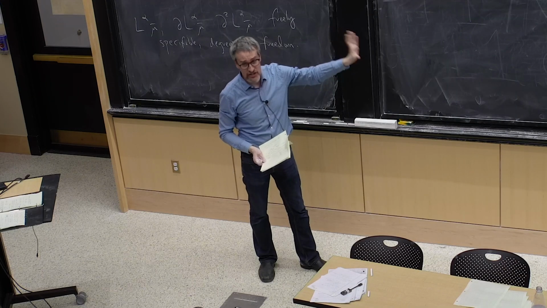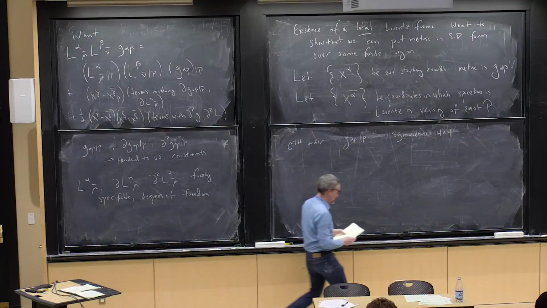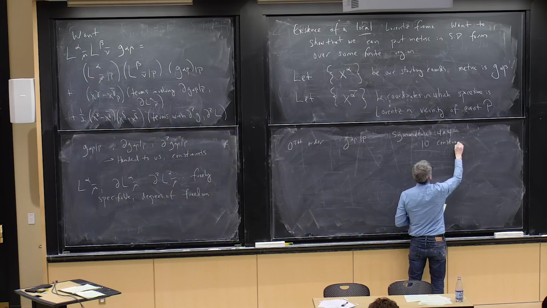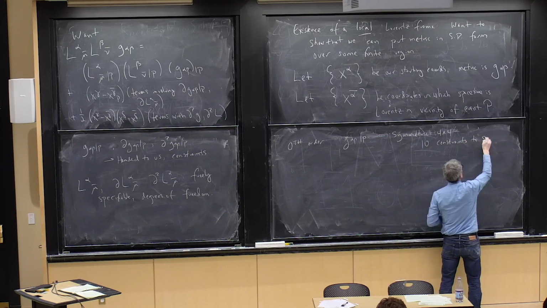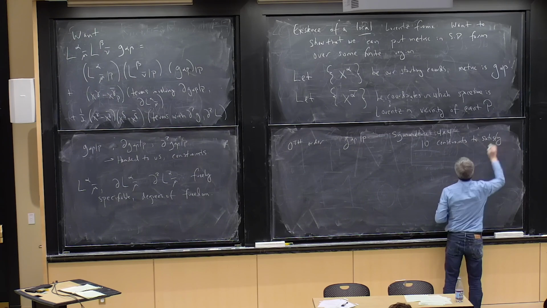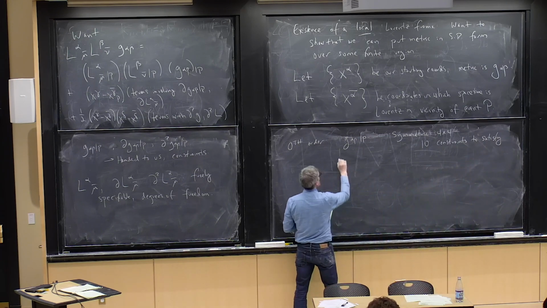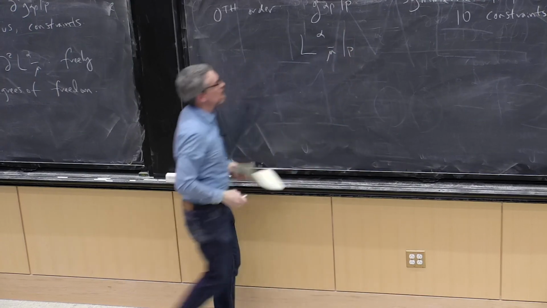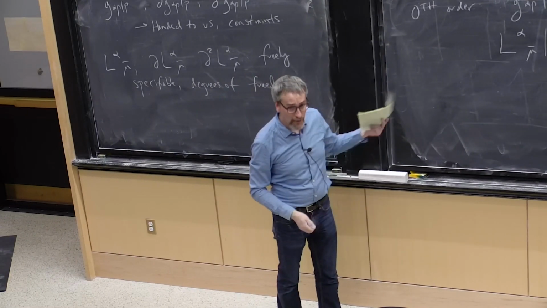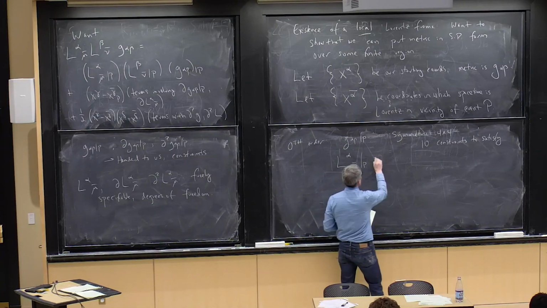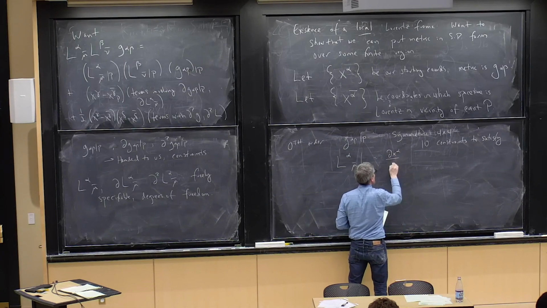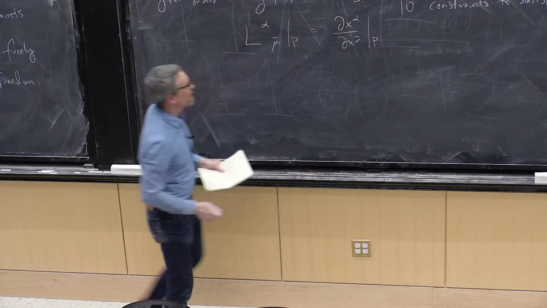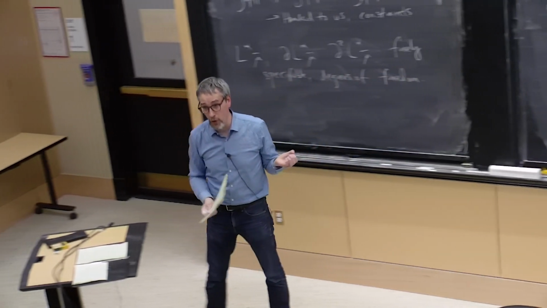Those are 10 constraints that my transformation must satisfy. What I'm going to use to do this is this matrix at the point P. And I'll remind you, this matrix is just the following set of partial derivatives at that point P. This is also 4x4.